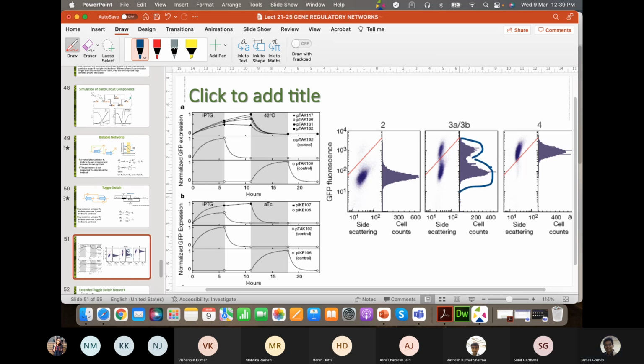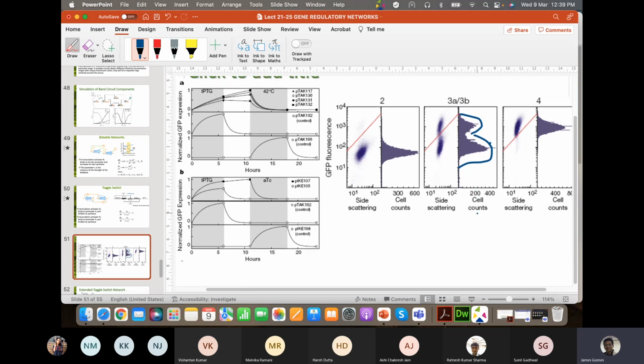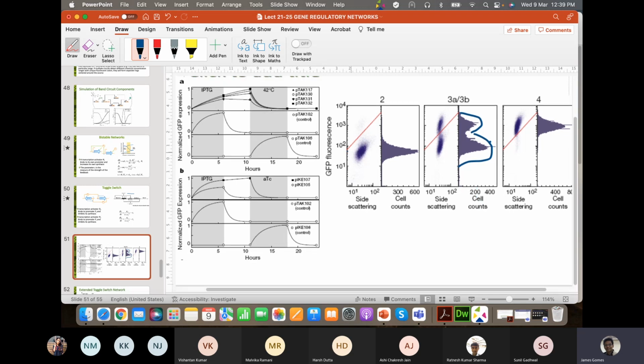So it gives you this signal which is there. So the cell count. Essentially, what they do is they do a FACS, and then they look at the cells which are giving you the signals. So you can easily see the separation that takes place in each of these cases. Okay. All right.